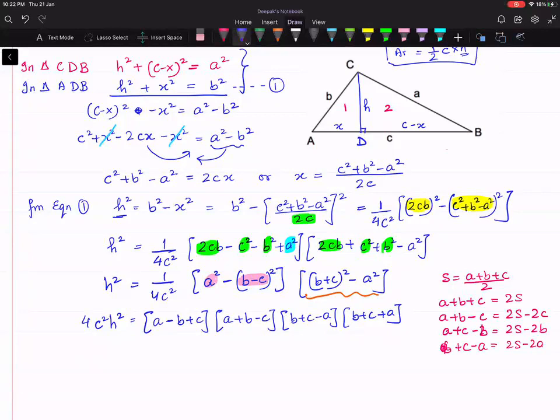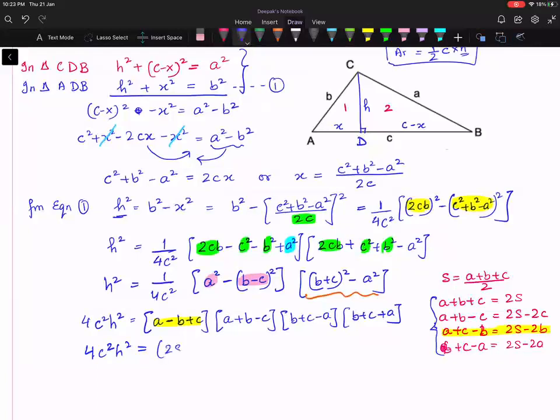Okay, you can pause it and check once, right, try to solve it yourself on paper. So if I put this here, I'm getting 4c square h square is, the first one is minus b, so this value is equal to this one, so I'm replacing it with 2s minus 2b.